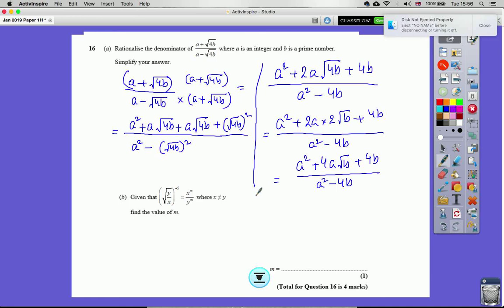Now my next question is going to be, given that square root of y over x to the power of negative 5 is x over y to the power m, when x is not equal to y.